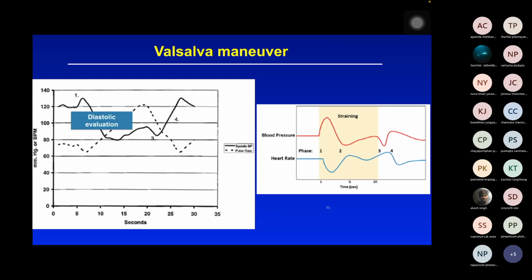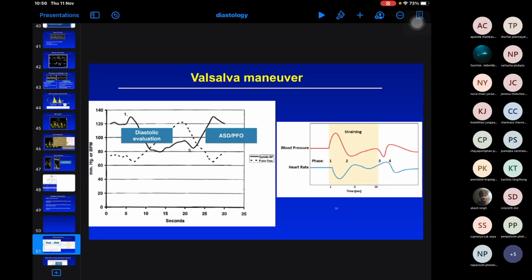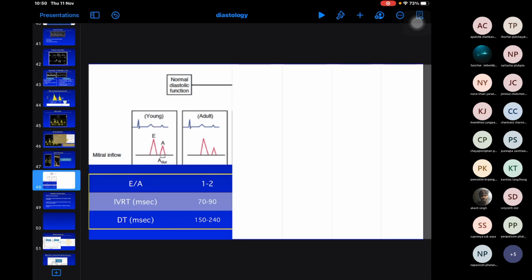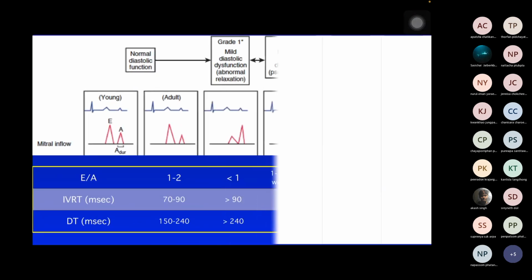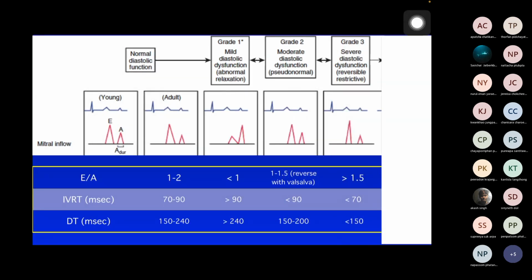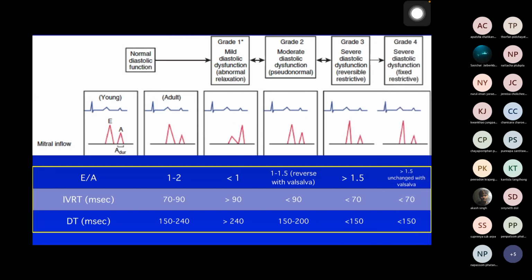It's useful in the diastolic evaluation because it can separate grade 2 from normal, as I show you here. We use the Valsalva maneuver to classify between grade 3 and grade 4, and also grade 2 and normal.